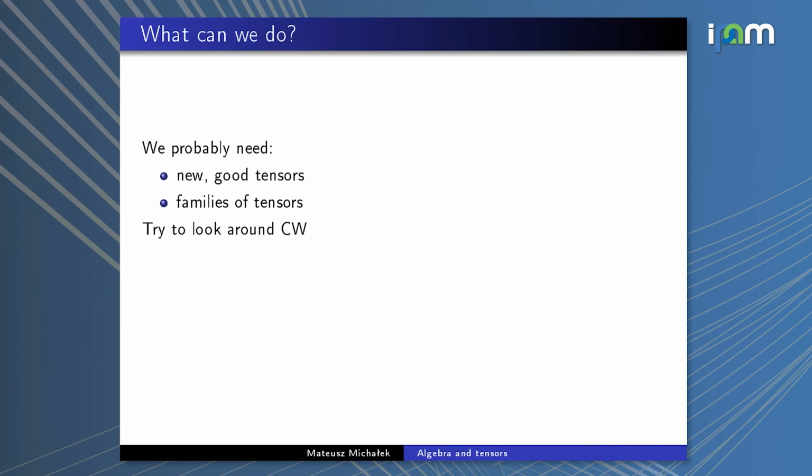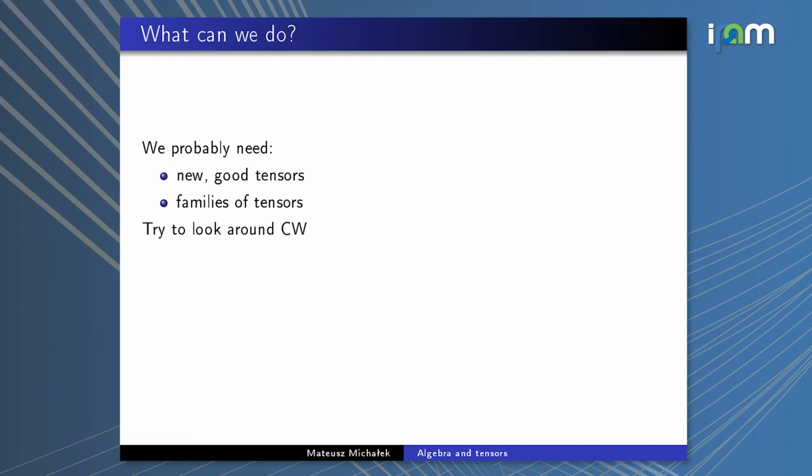So what can we do when we see such bad news if we would like to prove a conjecture? Well, either we need new good tensors and maybe even families of tensors somehow. So maybe we should not apply this Coppersmith machine to this tensor, but have a good family of tensors to which we could apply it and get better bounds.